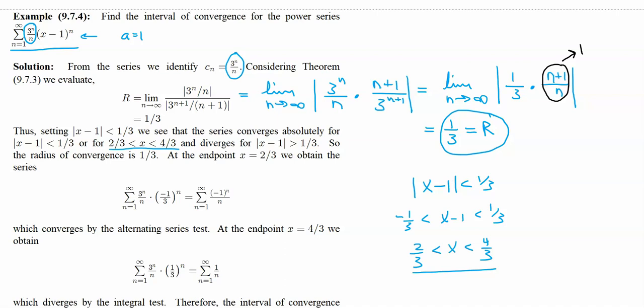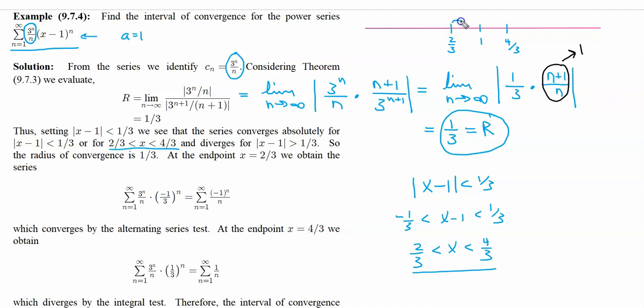Let's maybe draw a little picture up here so we keep track of what's going on. Okay, so we have right here, say that's 2/3. Say this is 4/3, and 1 would be right in the middle there.